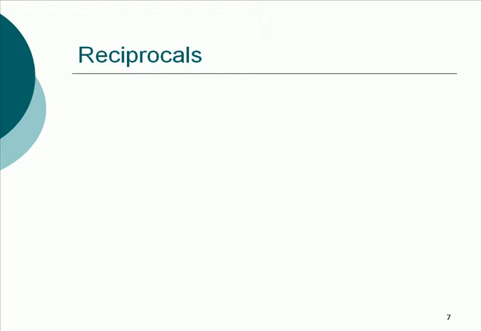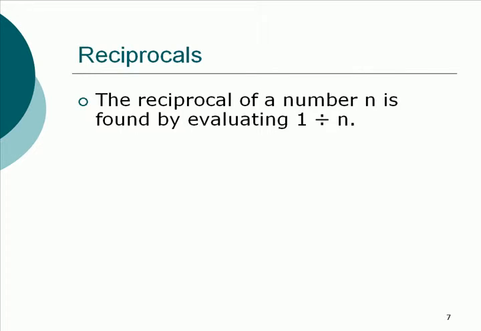What's a reciprocal? Yeah, there's two definitions. If you have a fraction, it's just flipping that fraction upside down. If it's just a number, it's 1 divided by that number. In general, you find the reciprocal of a number by taking 1 and dividing it by n.